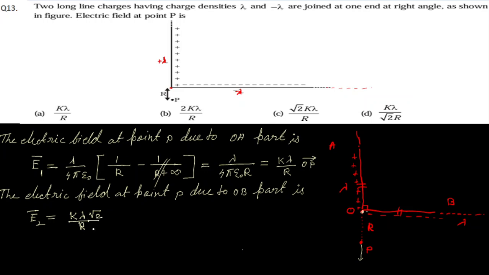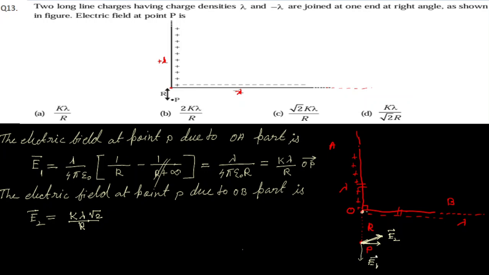This will be the electric field, and in which direction? If we draw a line parallel to the wire, it will make 45 degrees with this line. So along this direction will be the direction of electric field E2, and this is the direction of electric field E1.